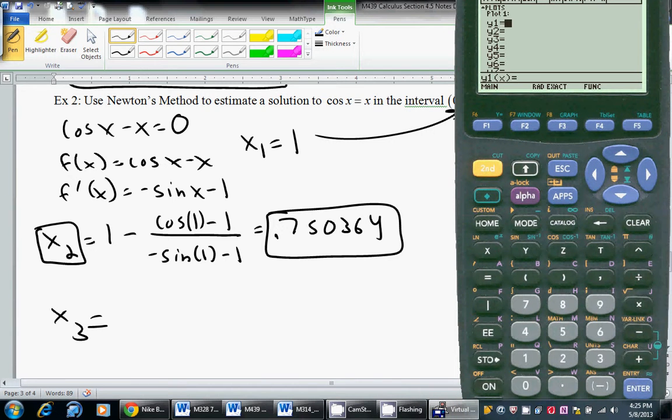So this is going to be x minus f of x, which is cosine of x minus x, divided by f prime of x, which is negative sine of x minus x, close parentheses, hit enter.